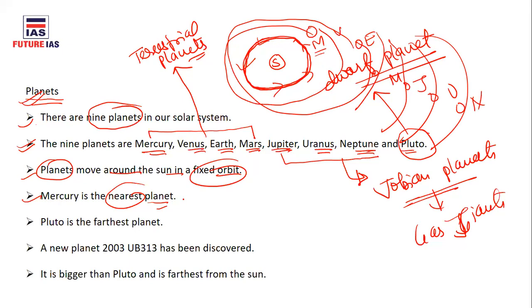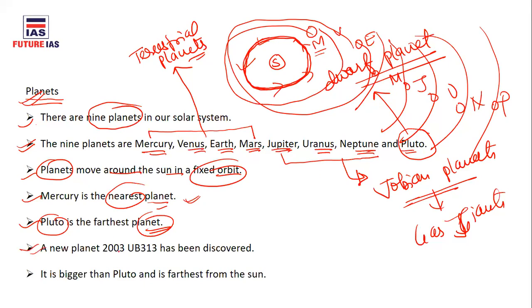That is why Mercury is the nearest planet to the sun, and Pluto the furthest planet. According to the figure you can see here, Mercury, Venus, Earth, Mars, Jupiter, Uranus, Neptune, and Pluto. So Pluto will be the last, the furthest planet in our solar system.